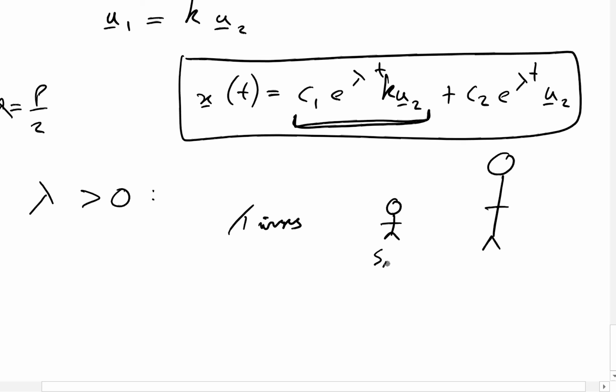So this one's short and this one's tall. This is the same kind of thing. We've got the same genetic makeup of eigenvectors, it's just one is longer than the other. So as lambda's positive, we're going to get pulled to the one with the multiplier term. In other words, we're going to get pulled to the taller one, the longer one, this guy over here, the tall guy, if lambda's positive.